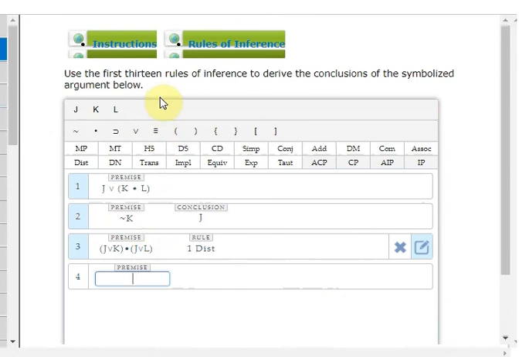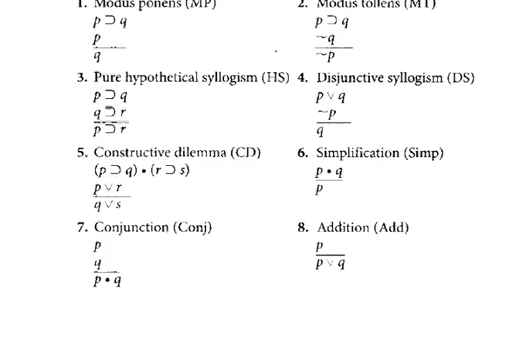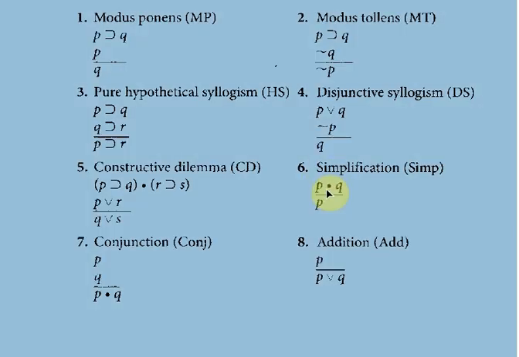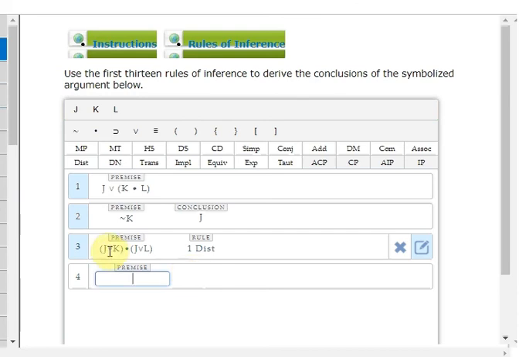Remember, simplification is the rule, so for that we have to go back to the first rules of implication. And remember, simplification is if you have P and Q, you can get P. Well, basically what we have here is P and Q. The J or K is our P, the J or L is our Q, and that allows us to pull out the P, which would be the J or K, right?